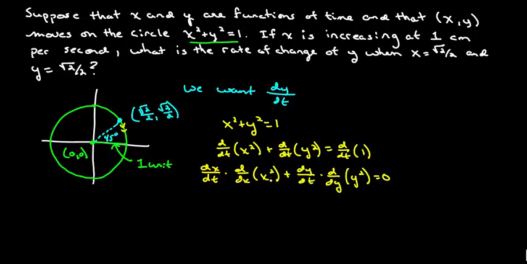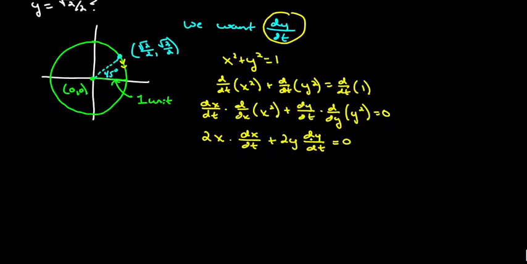So this becomes 2x times dx/dt plus 2y times dy/dt, and that's equal to 0. Well, what we want is how y changes with respect to t, so let's solve for that.